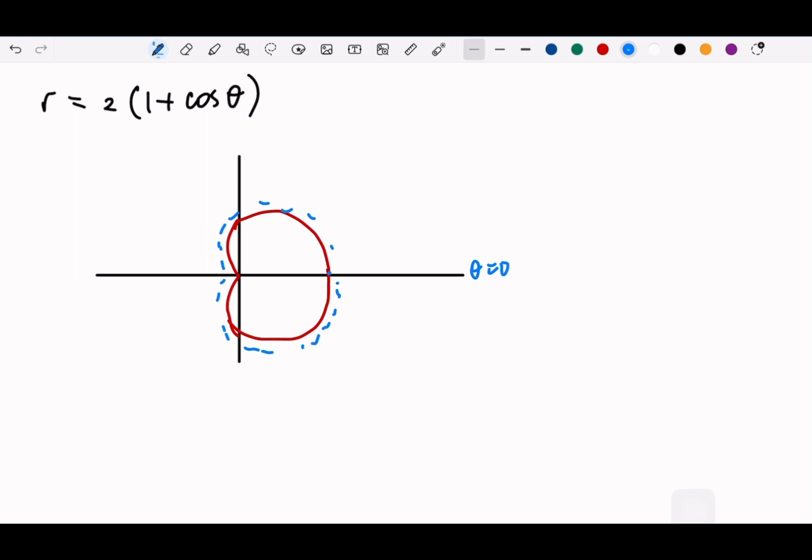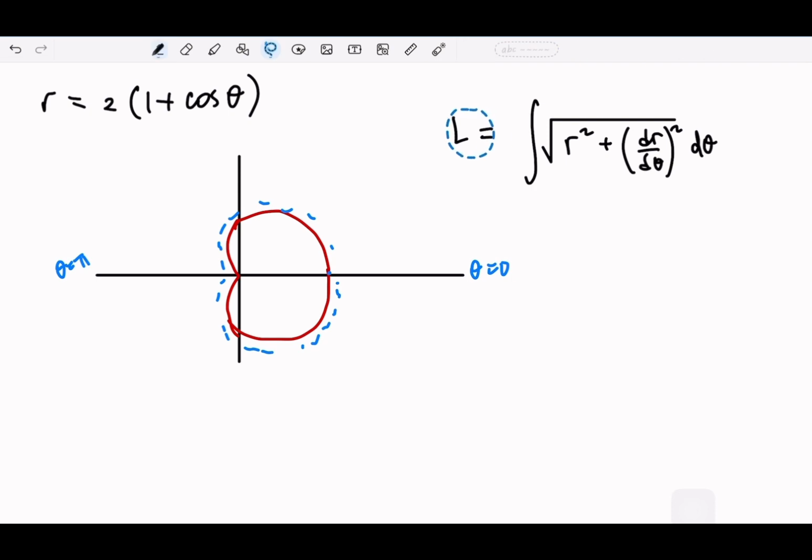Okay. So we can write the measurement for the arc length. This will be the integral of the square root of r squared plus dr d theta squared, d theta. Okay, and since we are going to approach theta from 0 to pi and then multiply by 2, let me rewrite this, taking 2 in the front.